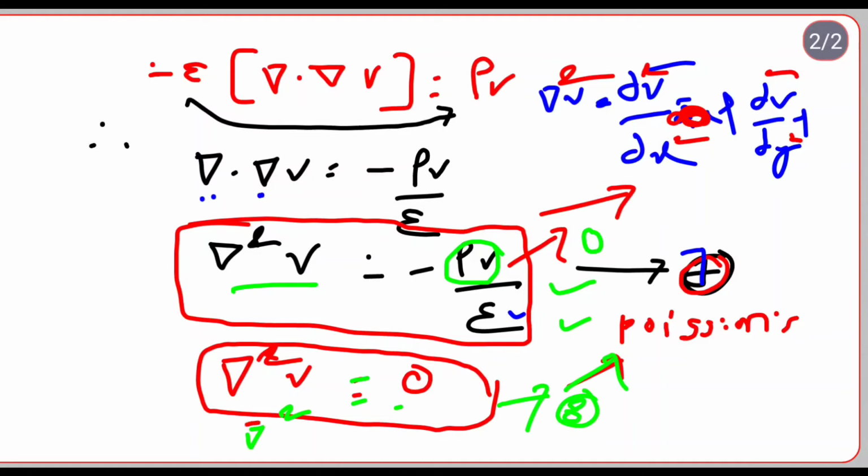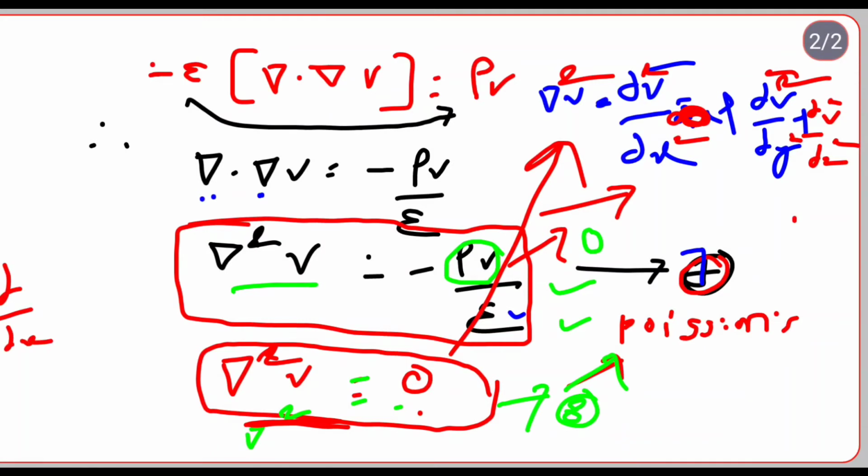Laplace's equation can be written like this: dou square V by dou x square plus dou square V by dou y square plus dou square V by dou z square equals 0. How can you write del square V? If you know del, the del dot del, the dot product of del: dou by dou x of dou V by dou x plus dou by dou y of dou V by dou y.